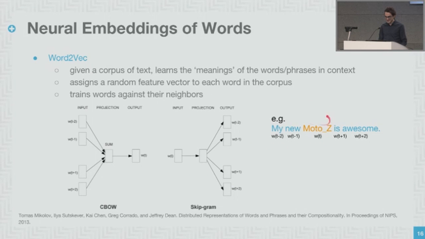It takes Moto Z and tries to predict my, new, is, and awesome. But the goal here is not to actually predict these words. It's to learn the internal meaning of these words. So it's not actually trying to predict it. This is how the model is trained to capture the meaning of these words in feature vectors.